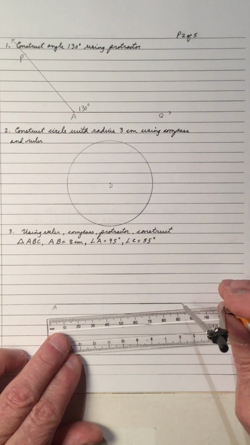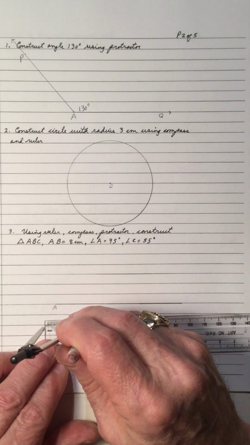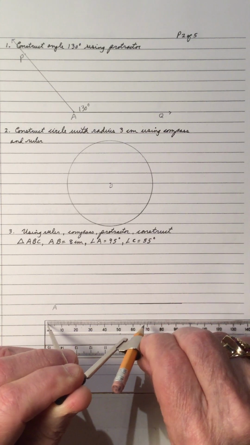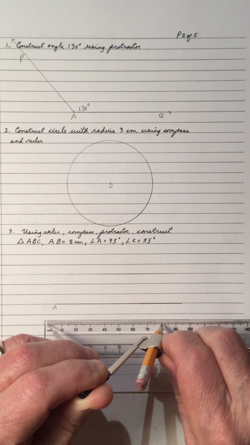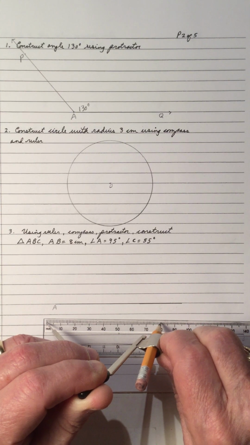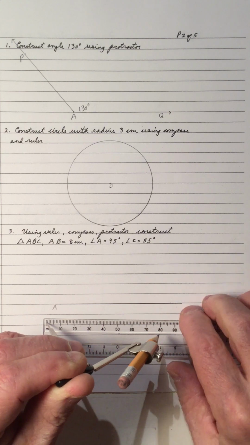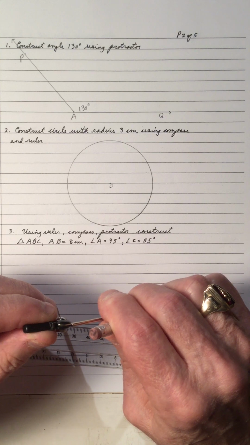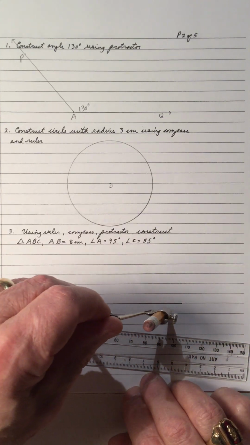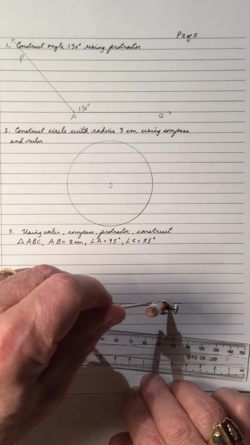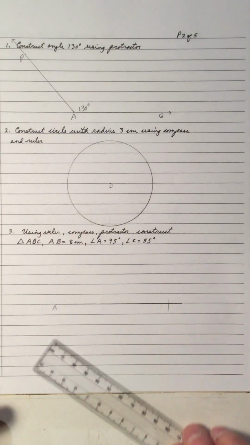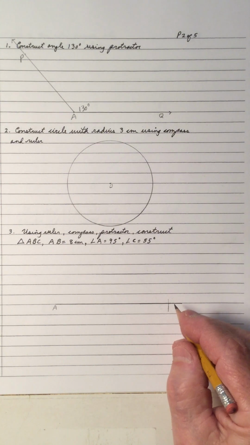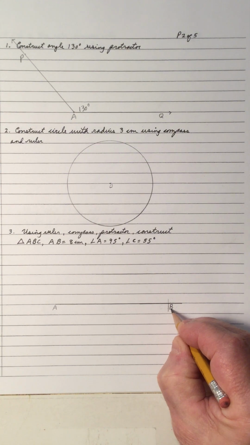Or I can take my compass, place it at 0, stretch it out 8 centimeters, and there it is, roughly, and we place it at A and mark off 8 centimeters. Whichever way you want to start. So we have AB, and this is B right here.